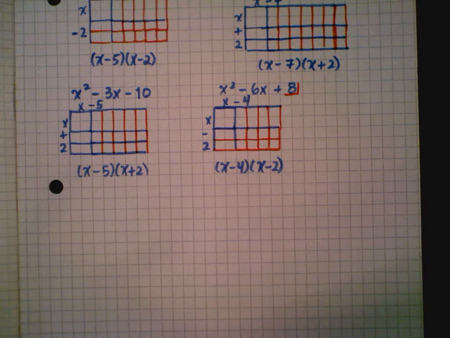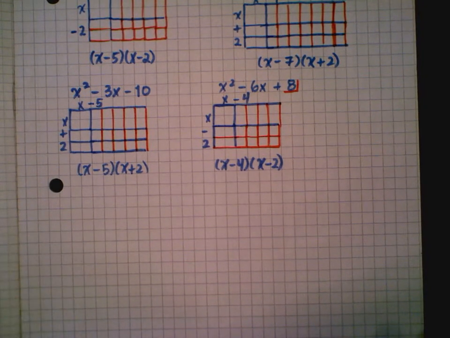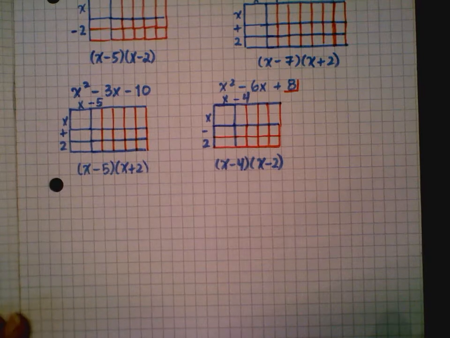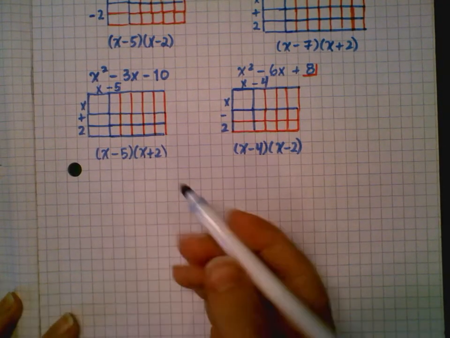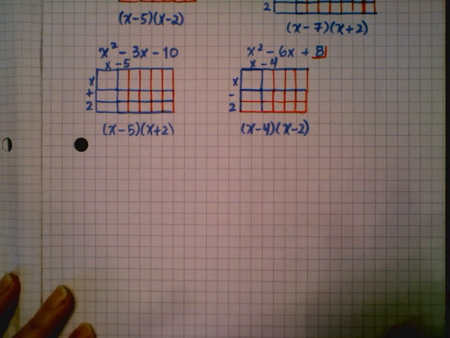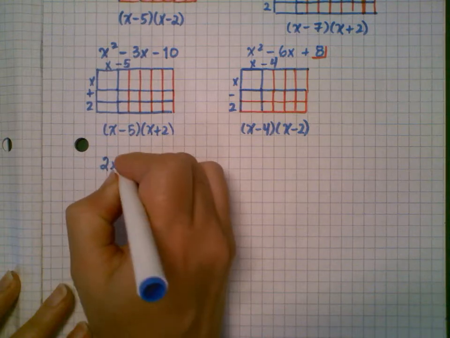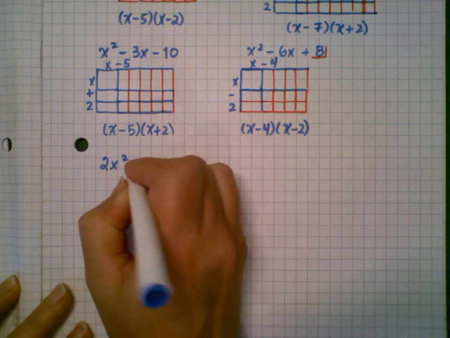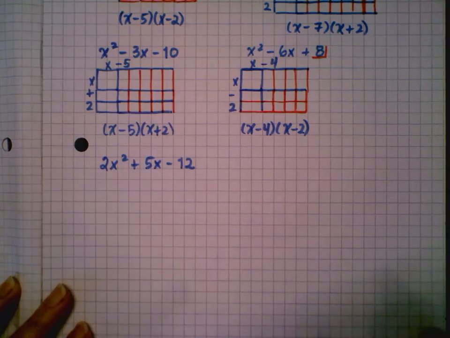Okay, we're going to look at one that has a different leading coefficient to see how that changes things a little bit. So 2x squared plus 5x minus 12.